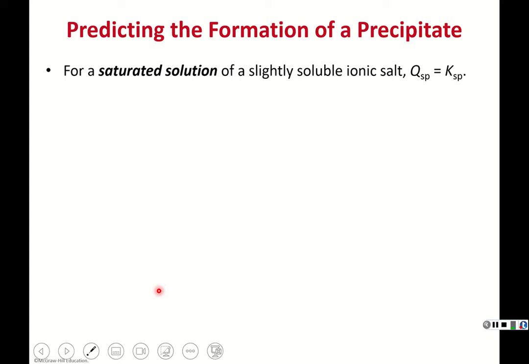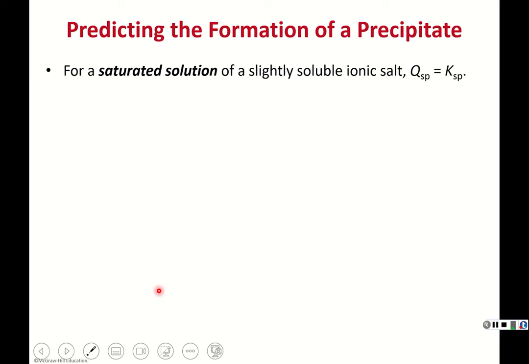One of the more important things to do when we talk about solubility is, much like with equilibria in general, when we compare Qc to Kc to decide which direction a reaction goes, we can also compare Qsp to Ksp to determine if a precipitate is going to form. In this part of the book, this might be one of the more important things to be able to do.